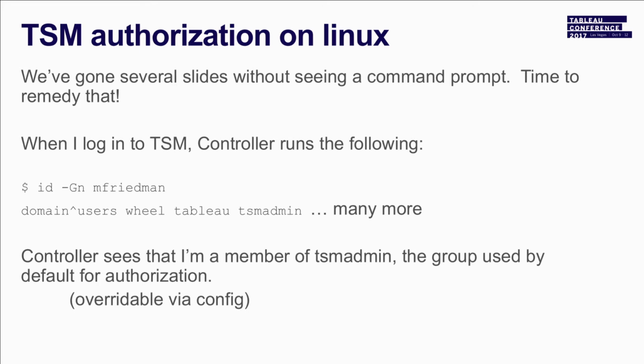This is the group that gets you root access by default on Fedora-like distributions. You also see tableau and tsmadmin. tsmadmin is the group that is used by default for authorization. So any user who's a member of this group is allowed to use TSM. And you can configure that via whatever policy you want, because that's none of our business.